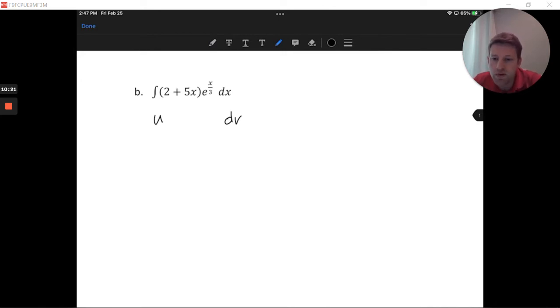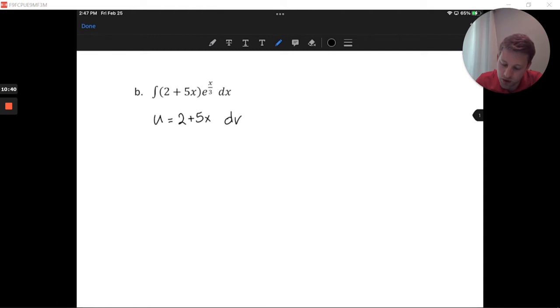I'm considering first my u function. I want some function that will simplify as I take its derivative. For this one, it looks like the value that will simplify best when it takes its derivative would be the 2 plus 5x.